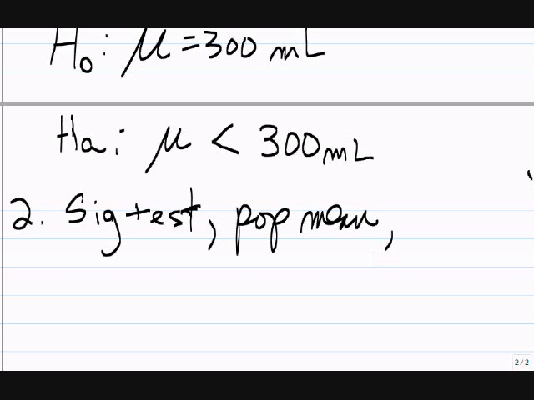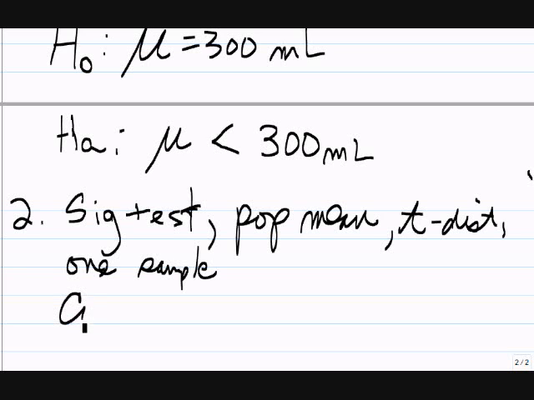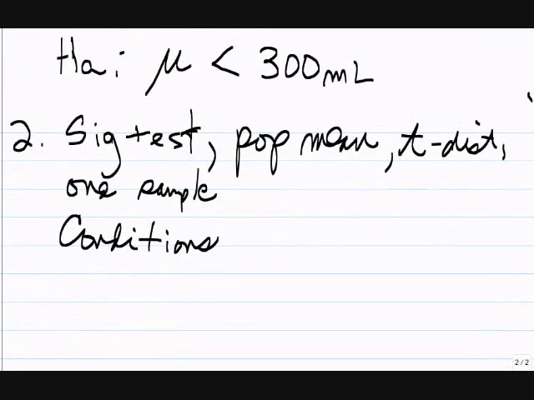We're going to use a t-distribution because nobody gave me the population standard deviation. And this is a one sample, or a single sample. You'll see when we get to 2 samples, and it'll actually be a couple of chapters before we get to 2 samples.